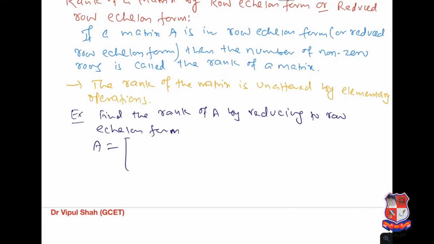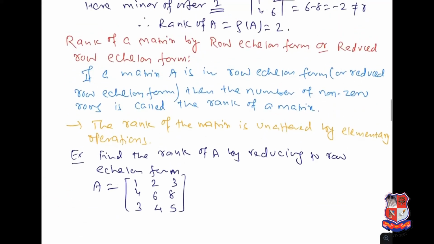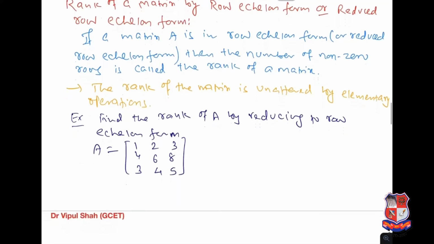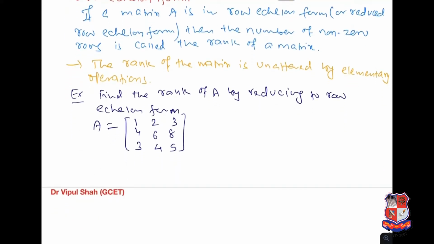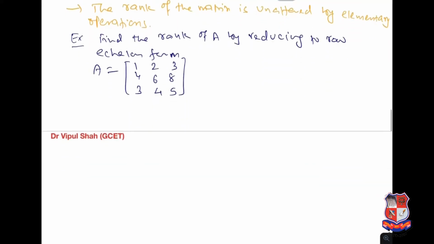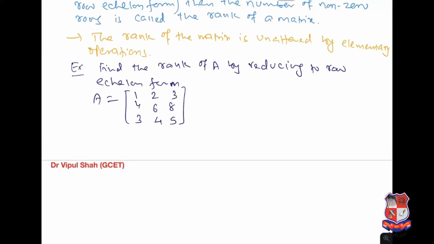The matrix A is 1, 2, 3, 4, 6, 8, 3, 4, 5. Now let us apply the elementary row operations here and see the rank. So let us try to convert into row echelon form. The very first step is to make the entries below the leading one 0. Already we have one leading one, so make these two entries below it 0.